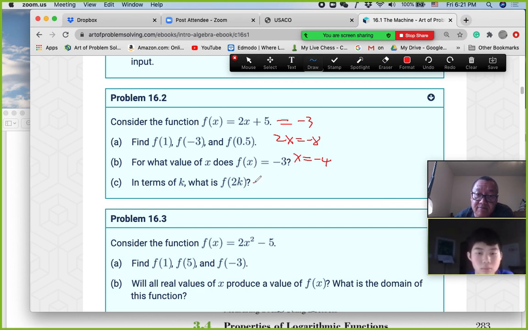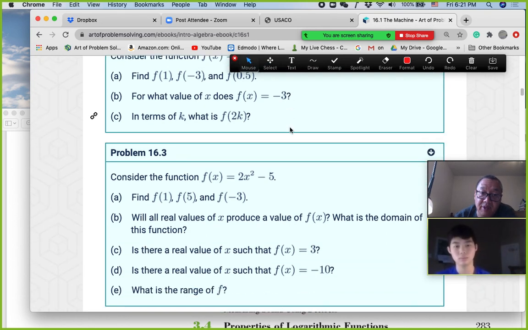Compare with this function: f of 2k is 2 times 2k, then plus 5. So this one will give you 4k plus 5. This one's answer.